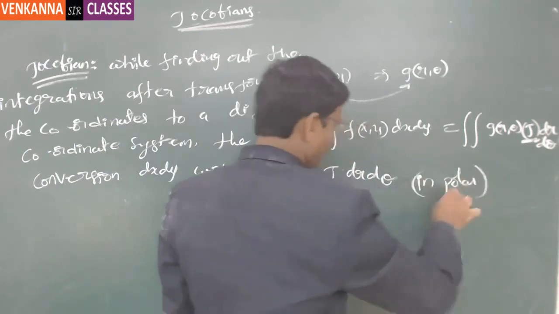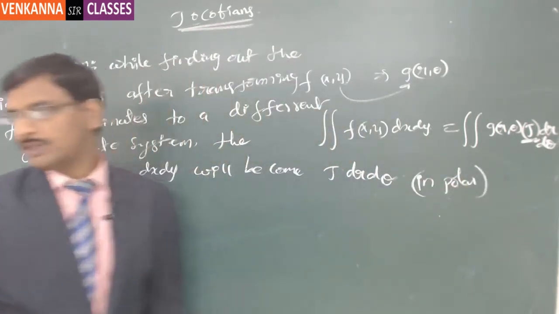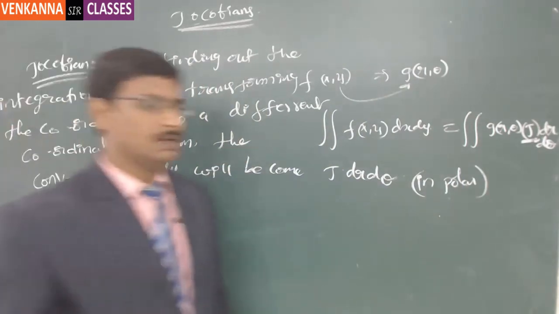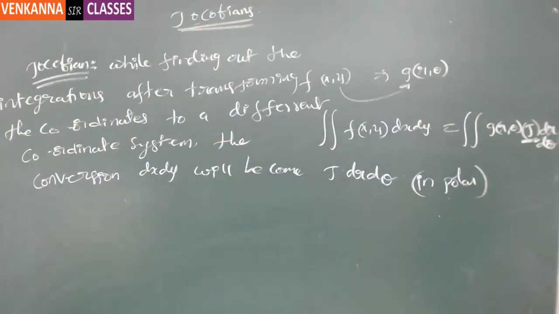So not only in the polar coordinate system, in every coordinate system, if it is converted from one to another, it has to be multiplied with the corresponding Jacobian.